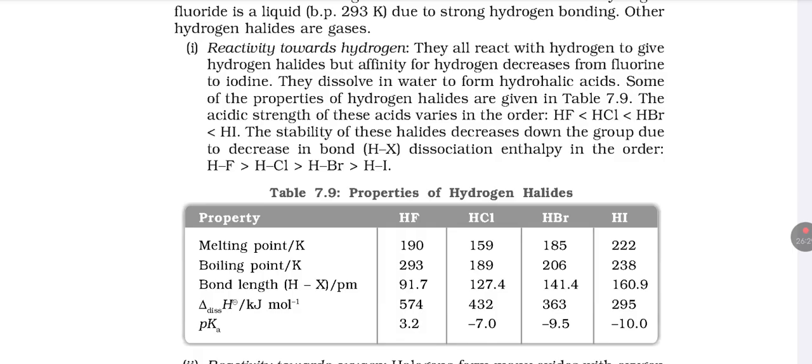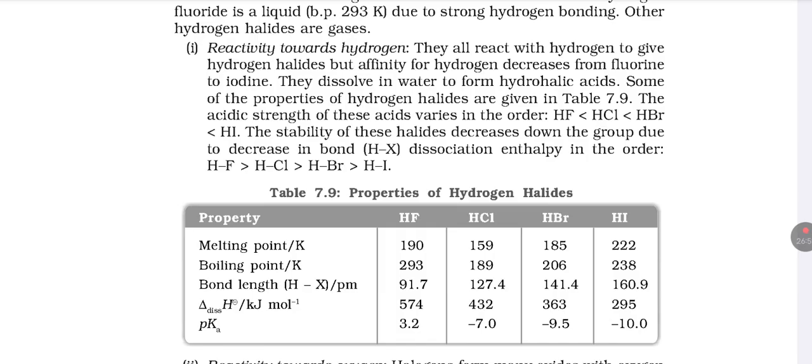Reactivity towards hydrogen. They all react with hydrogen to give hydrogen halides, but the affinity for hydrogen decreases from fluorine to iodine. They dissolve in water to form hydrohalic acids. Some properties of hydrogen halides are given.